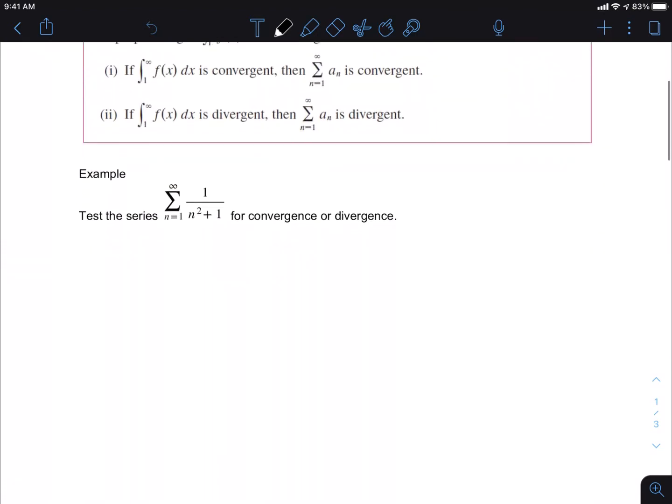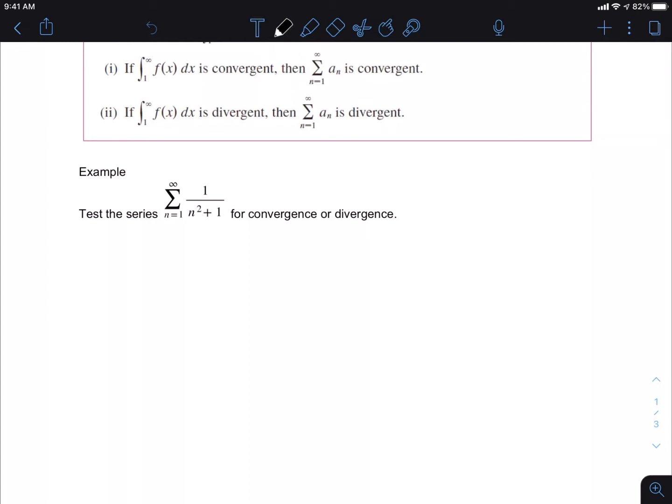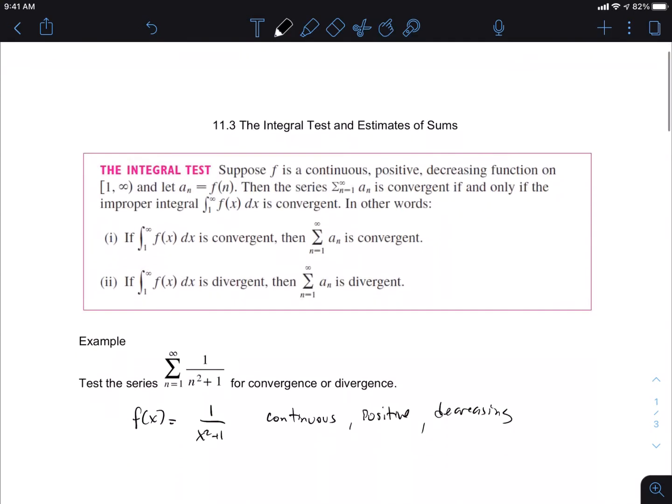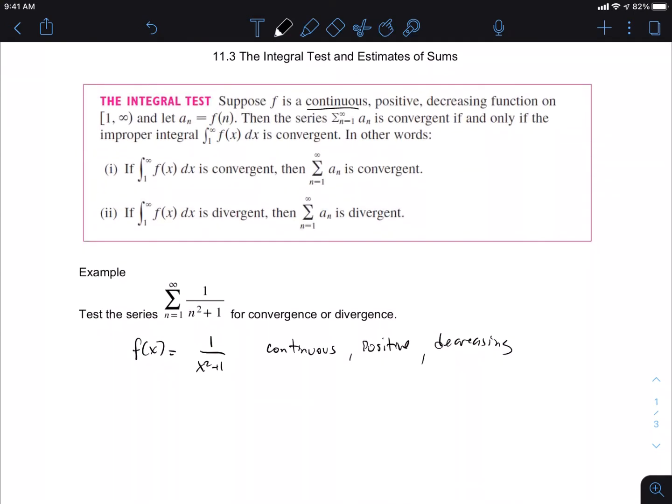Let me show that to you so you can see how it works. In this example, the function that we have, I'll write it as f of x equals 1 over x squared plus 1. We know that this function is continuous, positive, and decreasing. Those are the conditions that are needed for the test.